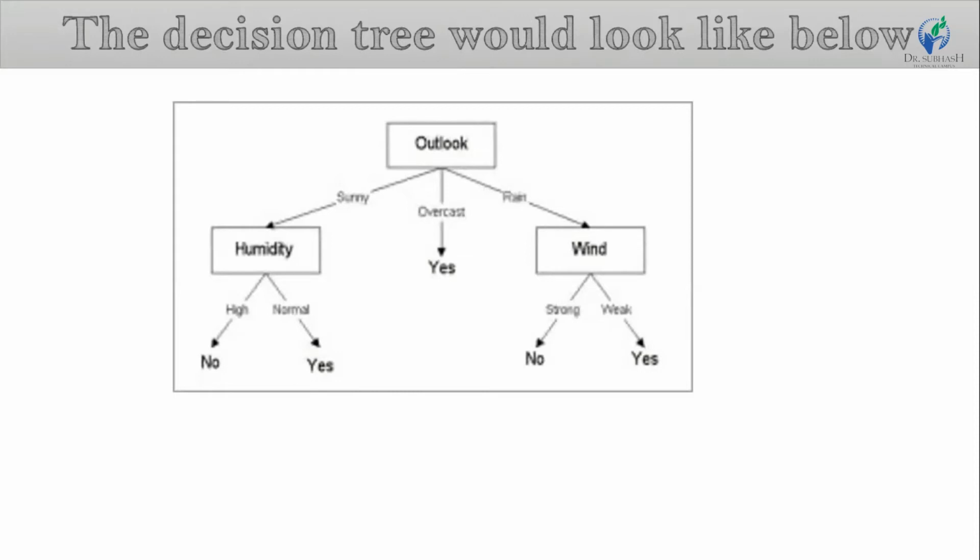So overcast, in any condition we can play cricket, but in sunny, if the attribute is humidity, in normal condition we can play cricket. In windy we can play cricket where the wind is weak. So this way we have seen how we can find out the information gain, and based on that we have drawn our decision tree.